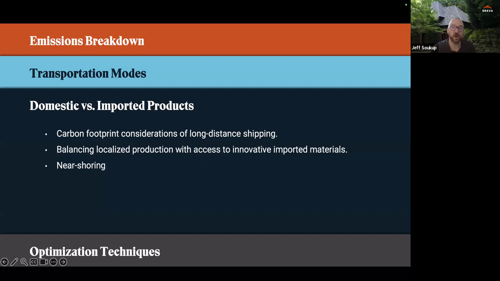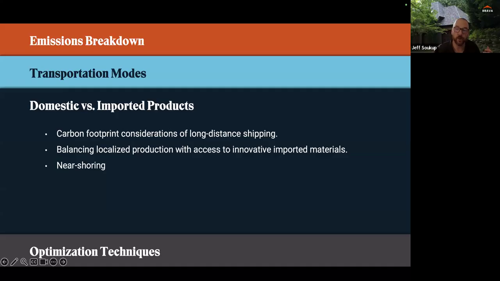If we're getting a great deal on our raw material, the least expensive, how do we weigh the pros and cons against that when the carbon footprint is much more significant shipping in from South America or Asia? That's when we need to really do a study, balance our localized production with our access to innovative imported materials. So is it worth it to bring material in? Can we apply that technology locally? These are all considerations that manufacturers are making.